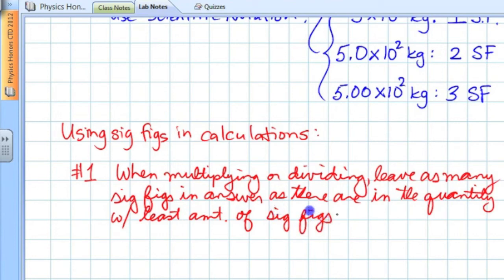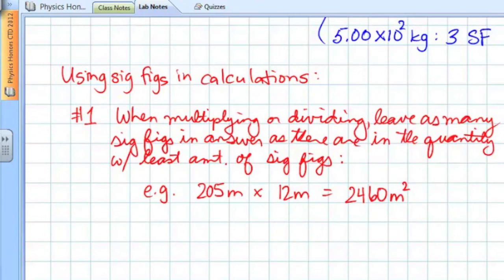So the best way to explain this is with an example. Let's say that we want to multiply 205 meters by 12 meters. So maybe we're calculating an area. If you actually plop this into a calculator, you're going to get 2,460 meters squared. Remember, we have to multiply the units as well as the numbers. Okay, so this could either have 3 or 4 sig figs, but if we look at what went into the equation, 12 only has 2 sig figs, whereas 205 has 3 sig figs.